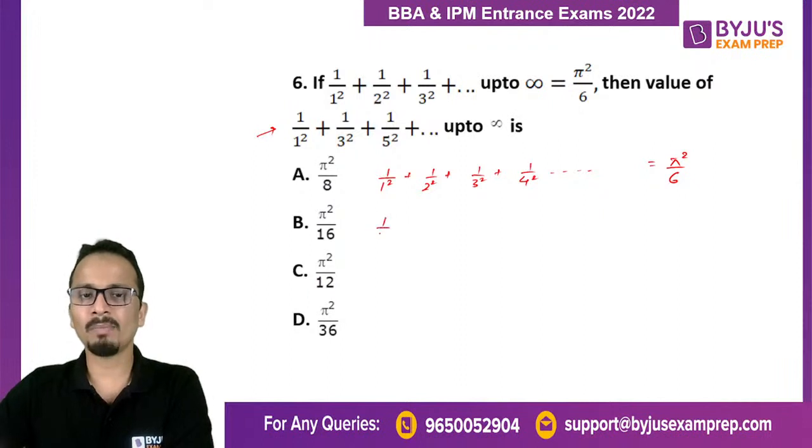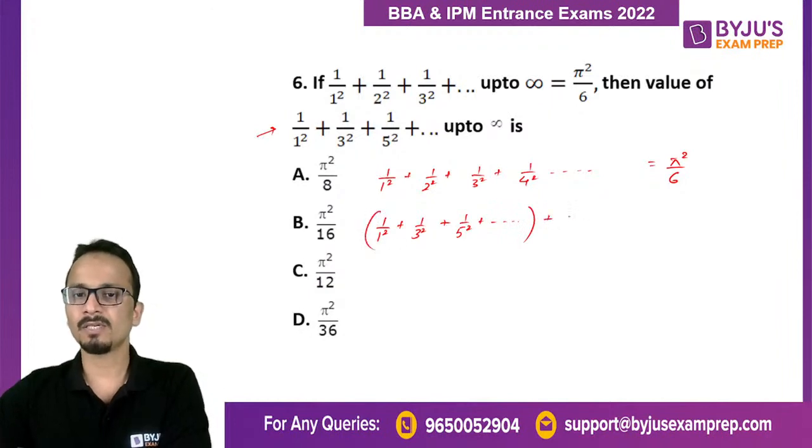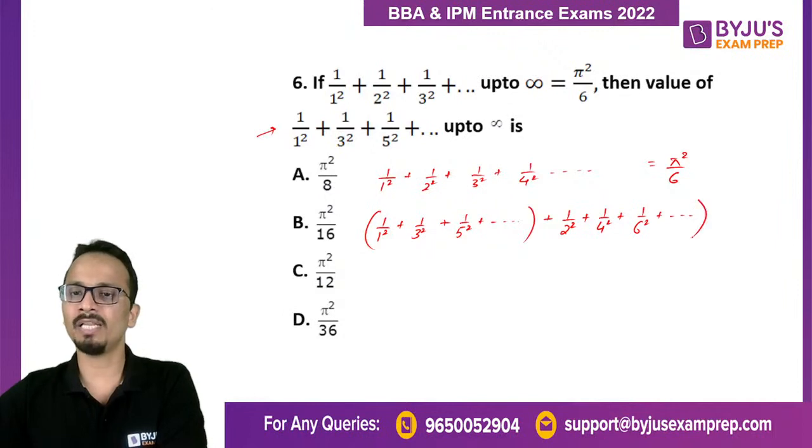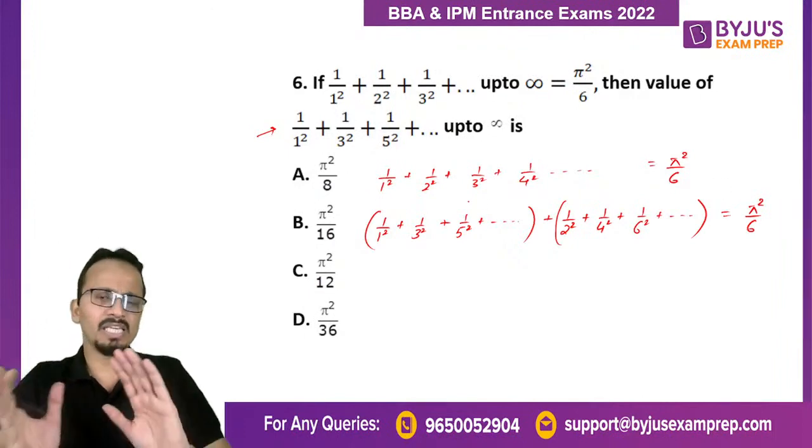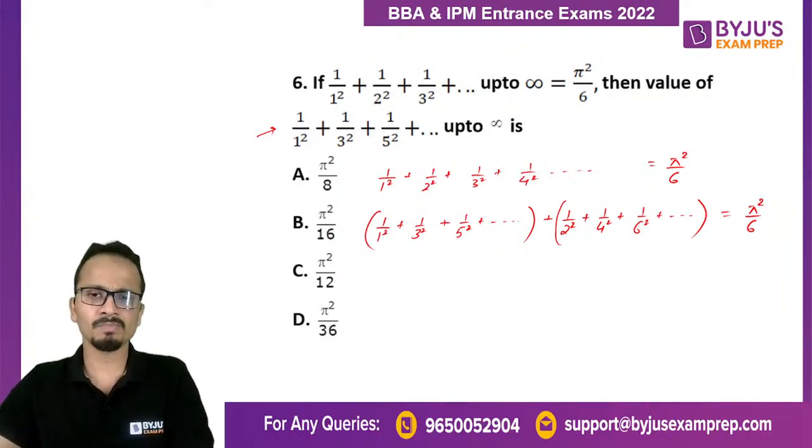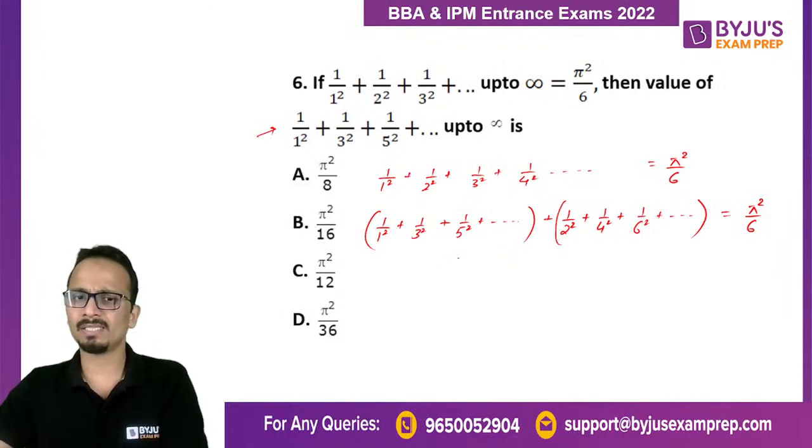So 1 upon 1 square plus 1 upon 3 square plus 1 upon 5 square and so on up till infinity, plus 1 upon 2 square, even numbered terms, 1 upon 4 square, 1 upon 6 square and so on up till infinity. And that will be again pi square upon 6. I've just separated even number terms and odd number terms. The equation is exactly the same.